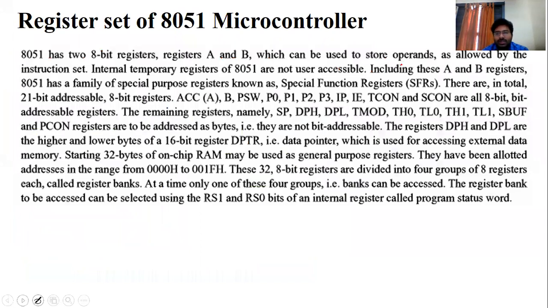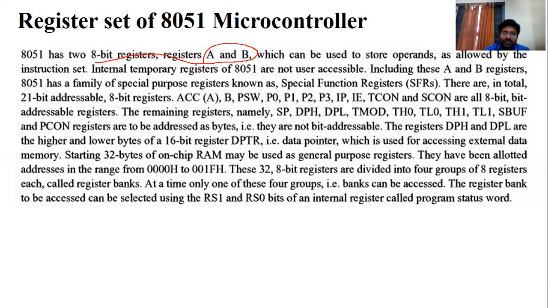Now see this. This is the brief introduction of the register set. You have two 8-bit registers, A and B. Register A you can call the accumulator. It is always one of the operands for most of the operations performed by the CPU.